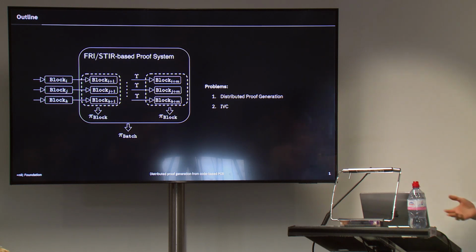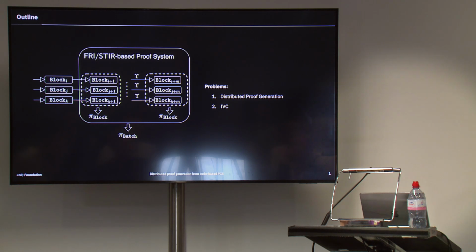So let's consider a multi-chain system where multiple independent blockchains operate in parallel. And let's assume for simplicity that blocks are produced uniformly over time. Then our goal is to produce a state transition proof. I mean, a proof that the current state is correct if the previous one was correct.